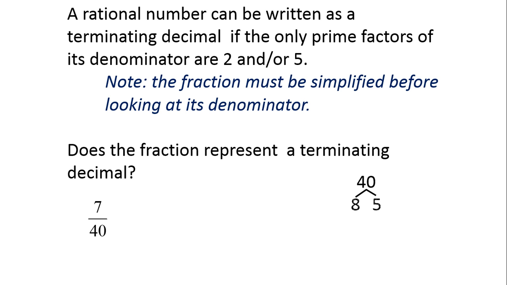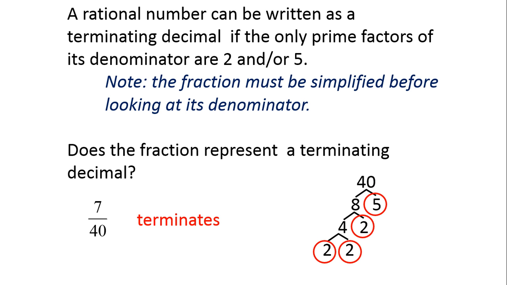Now we can make a factor tree to find the prime factors of 40, which are 2 and 2 and 2 and 5. So the only factors of the denominator are 2s and 5s, which means if we were to write this fraction as a decimal, it would terminate. It would have a last digit.